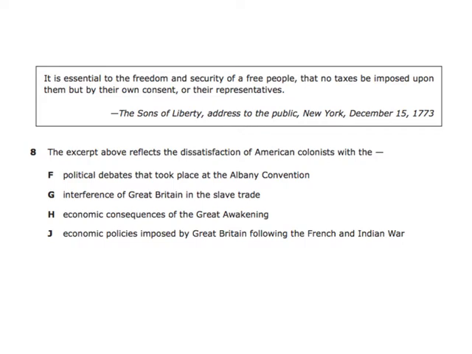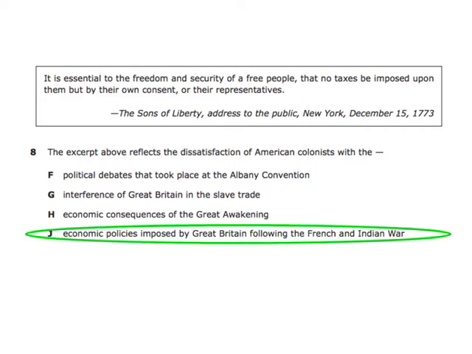Okay, here we go. This excerpt above reflects the dissatisfaction of American colonists with the economic policies imposed by Great Britain following the French and Indian War. Okay, I know this doesn't explicitly say it, but what were the economic policies after the French and Indian War?